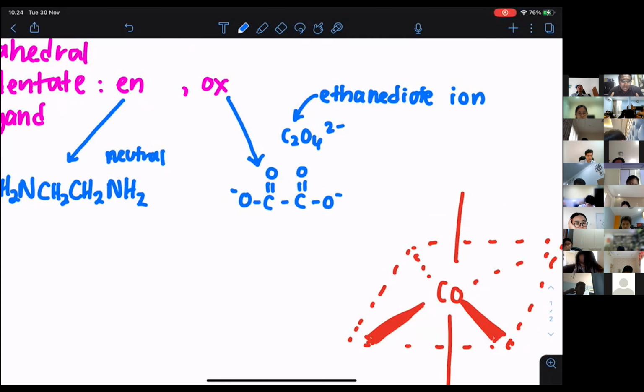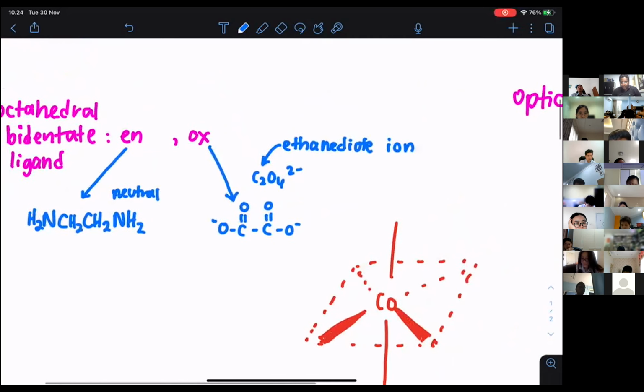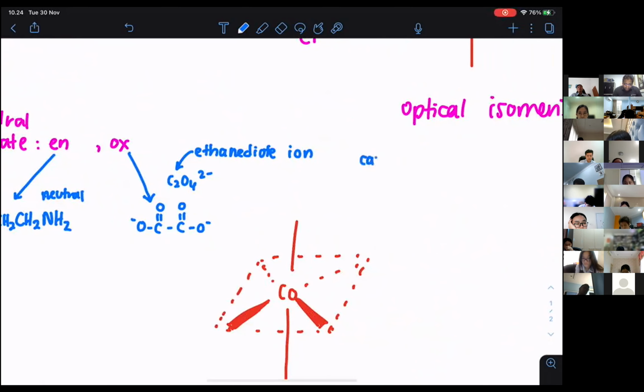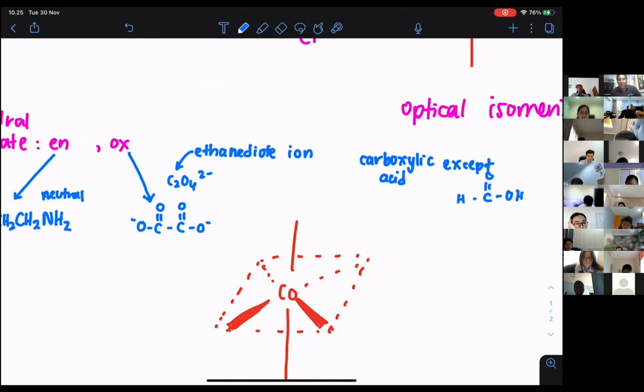Relate again with what we have learned yesterday. All carboxylic acids cannot be oxidized except methanoic acid and ethane dioic acid.